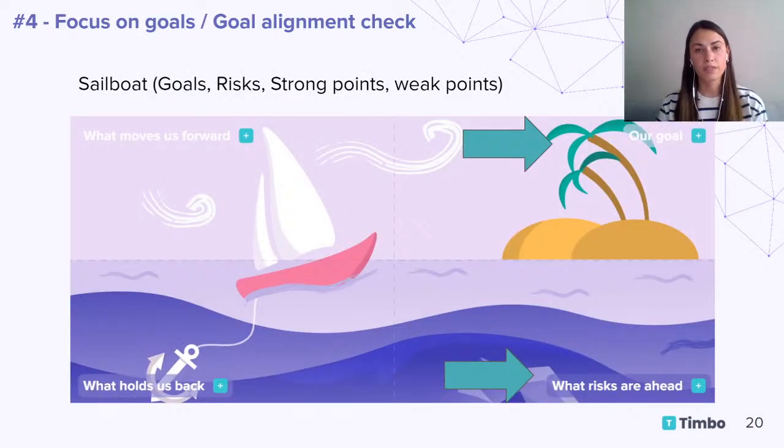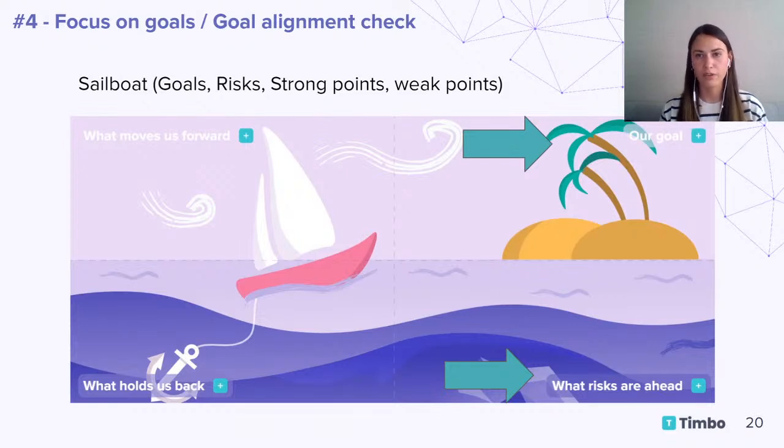One of the techniques that can help you do that is a sailboat. What is great about this one? We have goals here, and it's actually great to check what your team thinks about your goals and whether your goals are the same. It would be surprising if you have a goal and your team sees it differently.